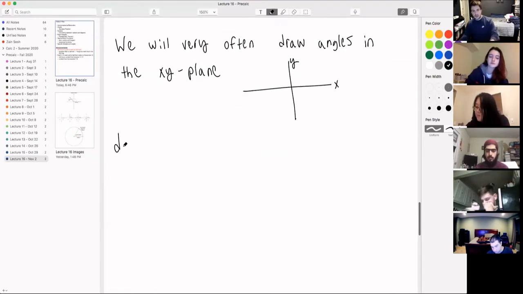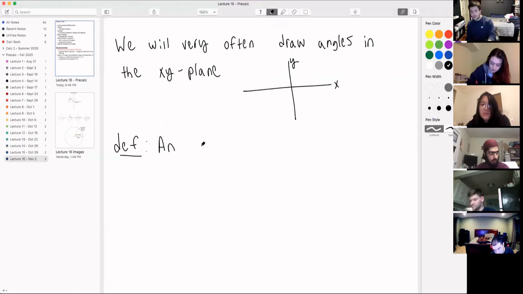Another definition. We're going to talk about what it means for an angle to be in standard position. This is very important.